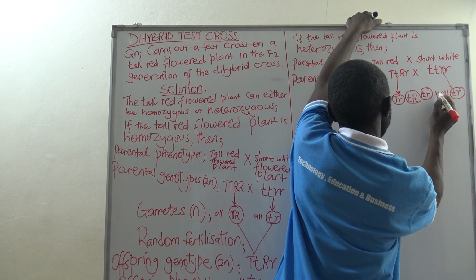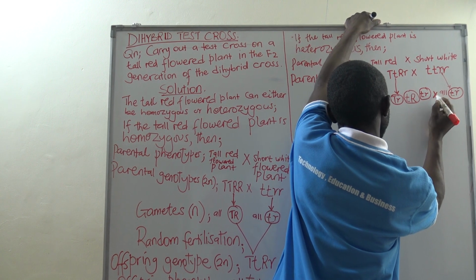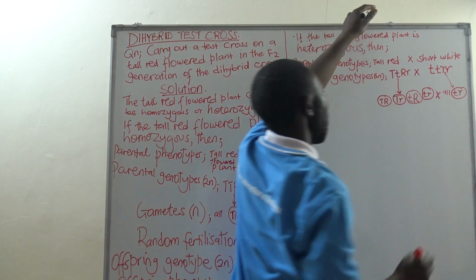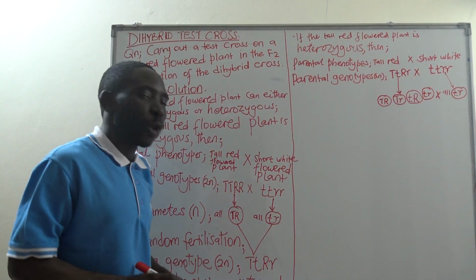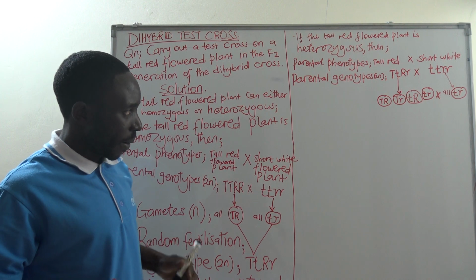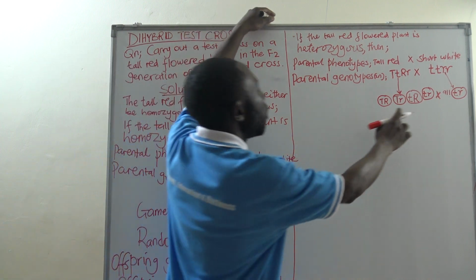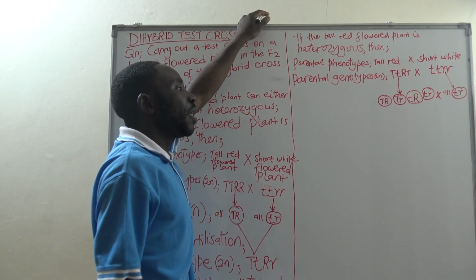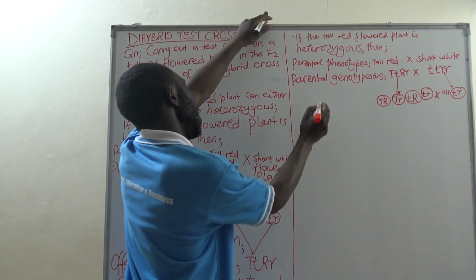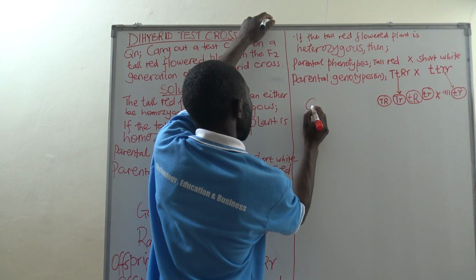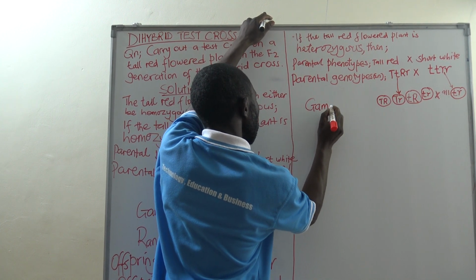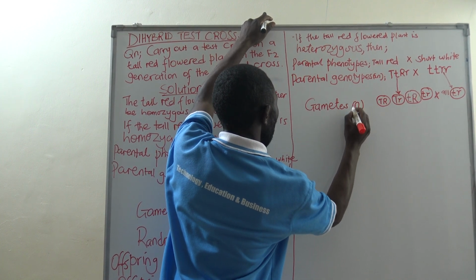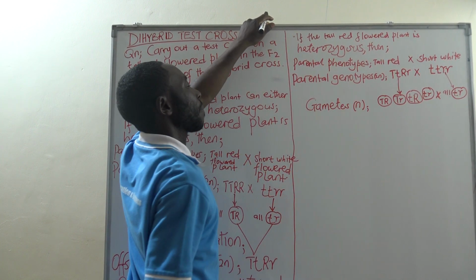We still maintain our cross sign here, even when gametes are fusing together. These possible allele combinations can be carried in individual or separate gametes, which are haploid in nature.